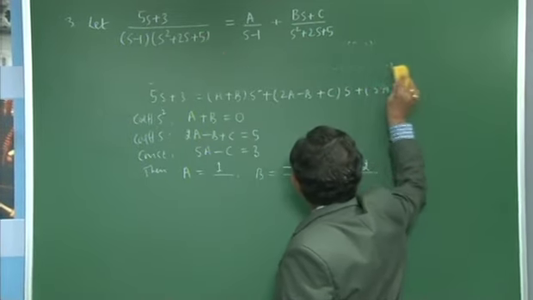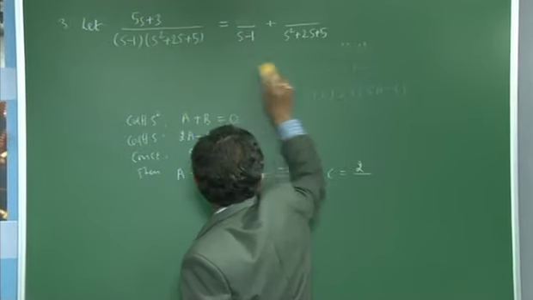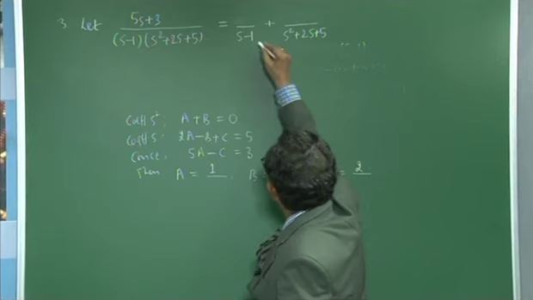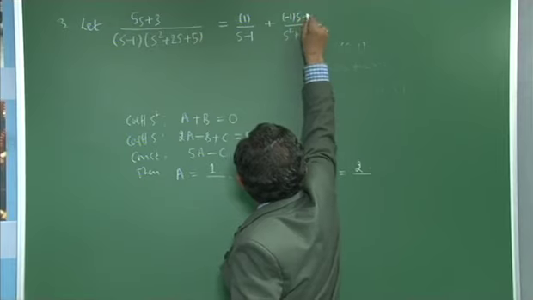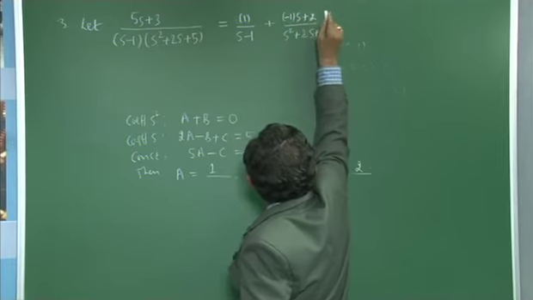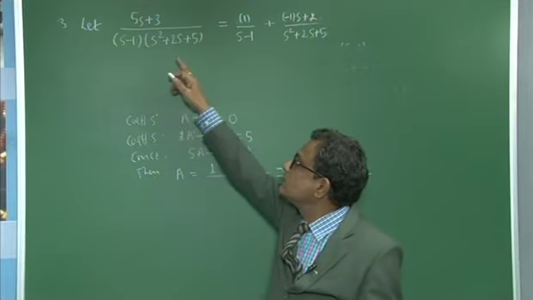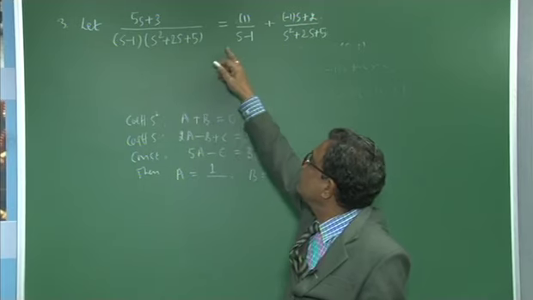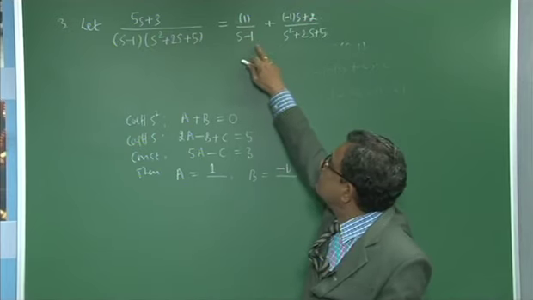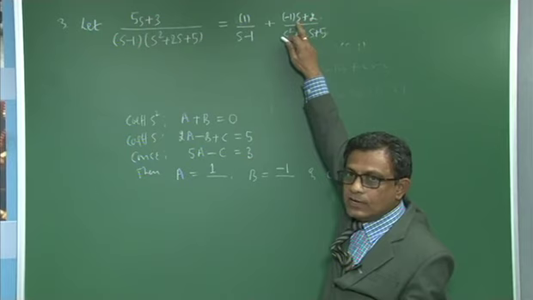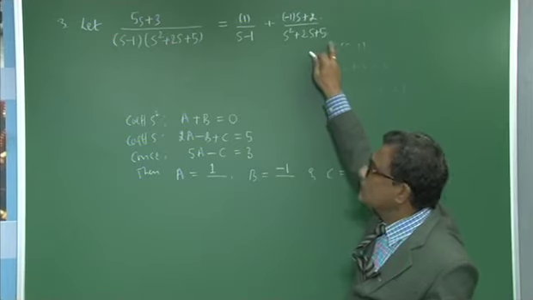Substituting a as 1, b as minus 1 and c as 2, 5s plus 3 divided by s minus 1 into s square plus 2s plus 5 is equal to 1 divided by s minus 1 plus minus s plus 2 divided by s square plus 2s plus 5.